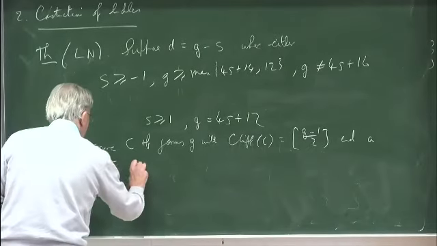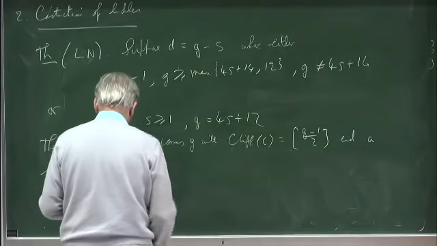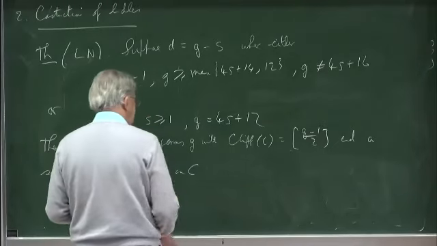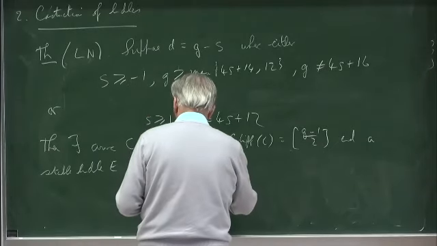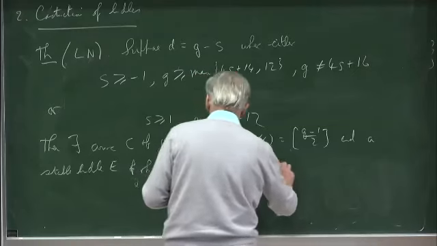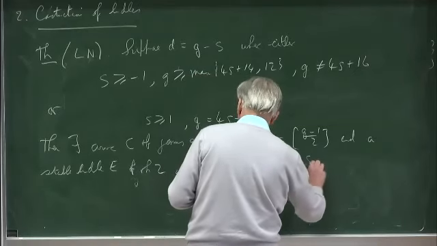E of rank 2 on C, with, well, the important thing is that gamma of E is equal to (g minus s) over 2 minus 2.